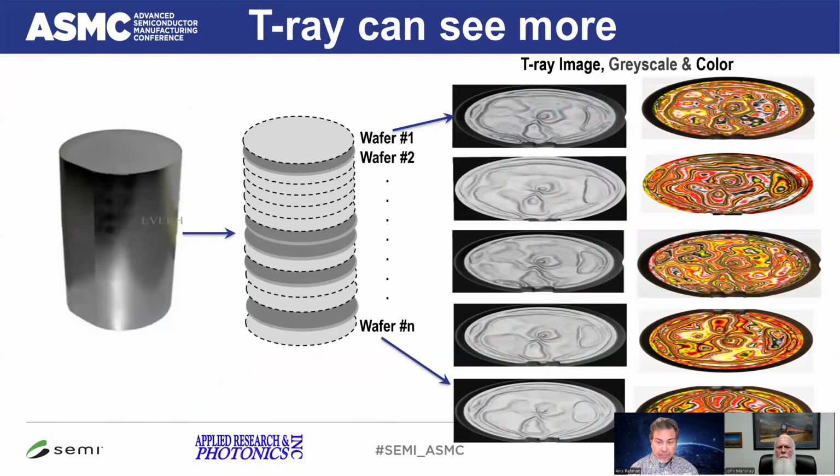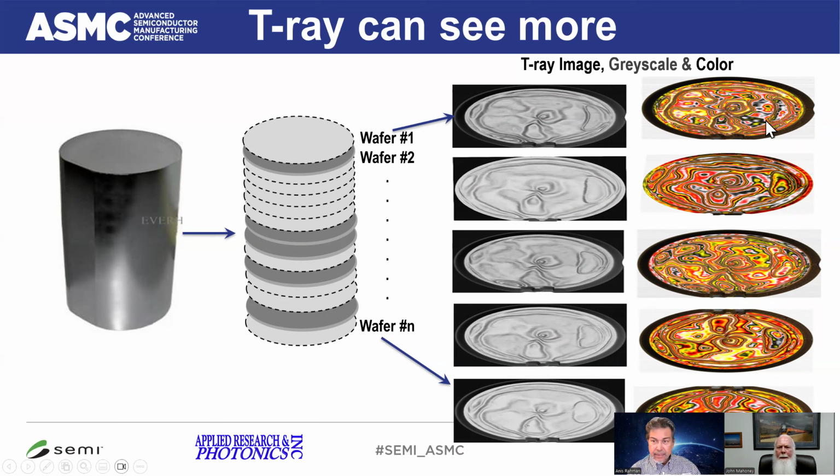And then how do we explain all these features? Where are they coming from? What do they mean? What T-ray is discovering remains a million-dollar question. But as you can see here, I have shown 5 wafers in the same sequence obtained from the same boule.